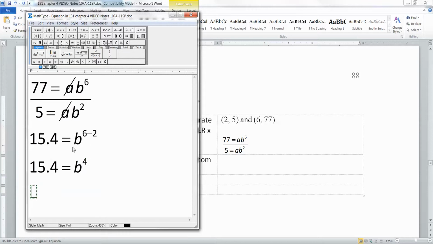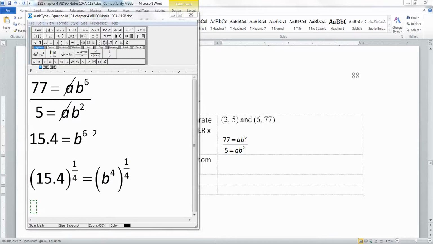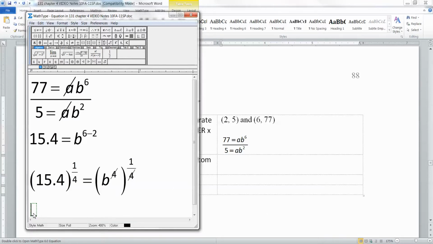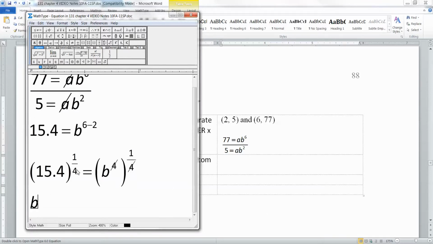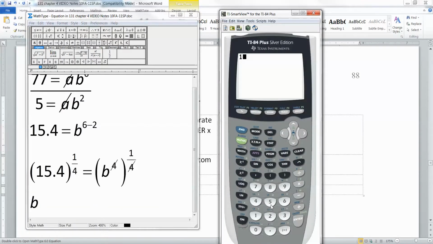Okay, but that means that if I want to get b by itself, I need to raise both sides to the 1/4 power. Do it over here. They cancel, or divide, if you will. And then b is whatever 15.4 to the 1/4 is. Let's see. 15.4 to the parentheses 1/4.